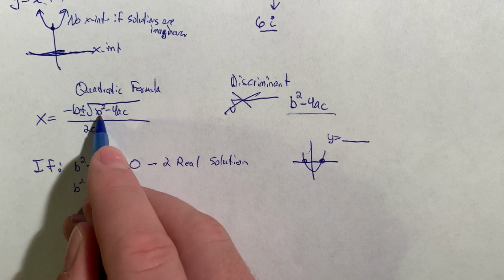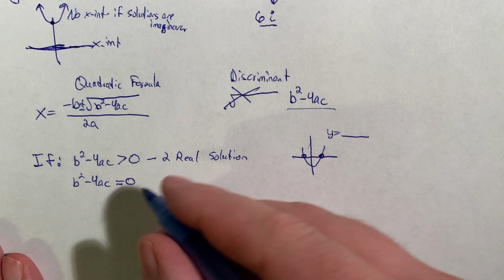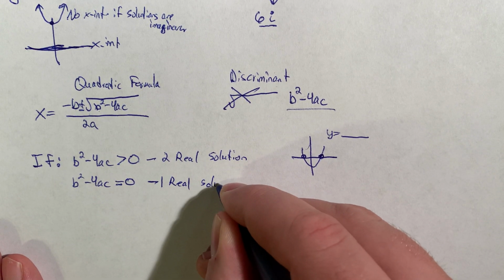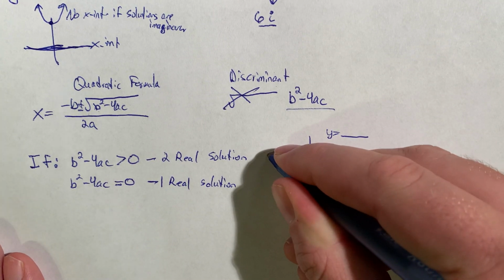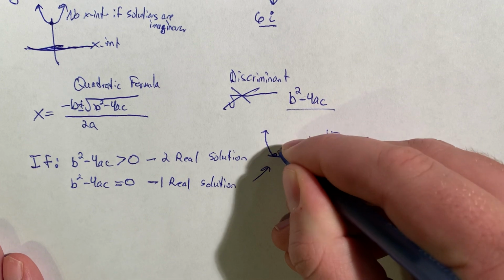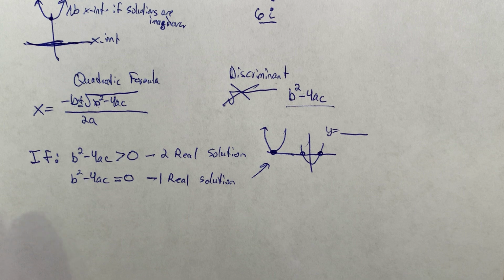But also when you subtract 0, negative b minus 0 will also be negative b, and so you'll get the exact same solution repeated twice. This is one real solution. And what that'll look like on a graph is it'll look like this, where there's only one x-intercept because the x-intercept is at the vertex, okay?